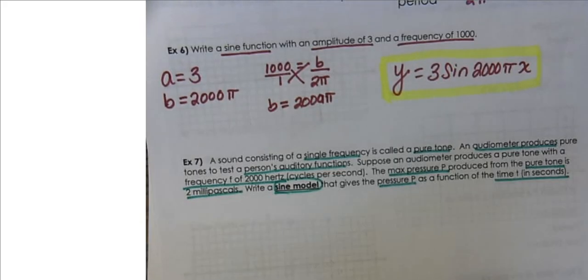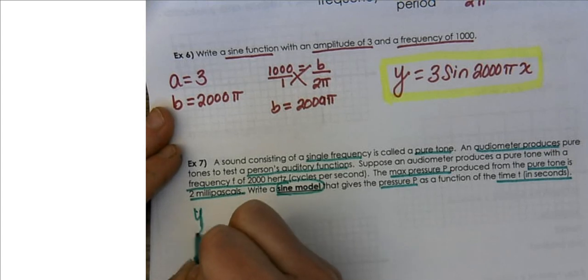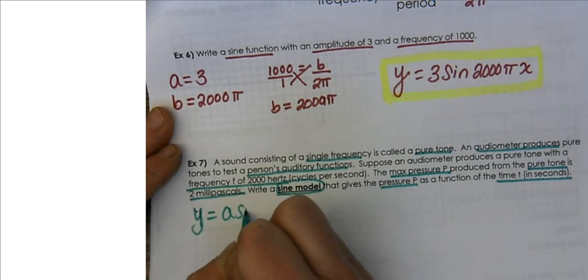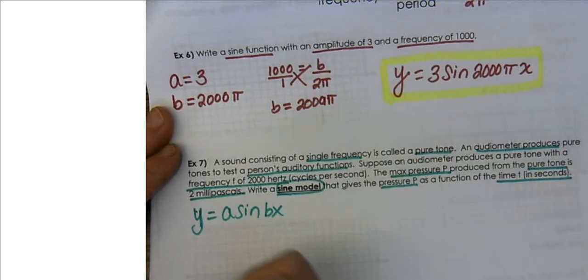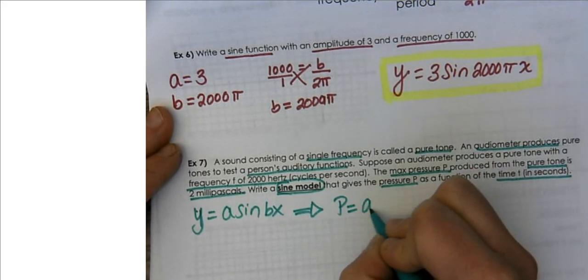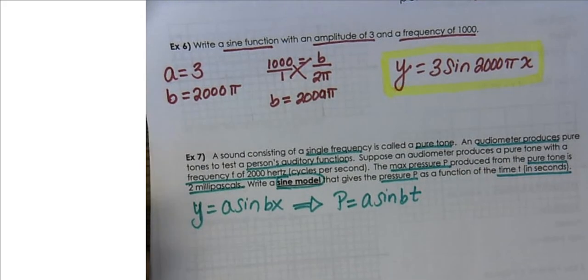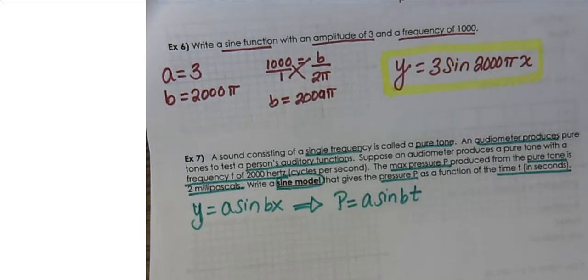So what that means is that instead of y is equal to A times the sine of bx, we're going to write a model that's going to be P is equal to A times the sine of b times t. So we're using P's and t's instead.